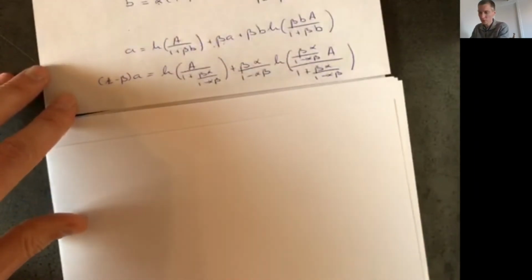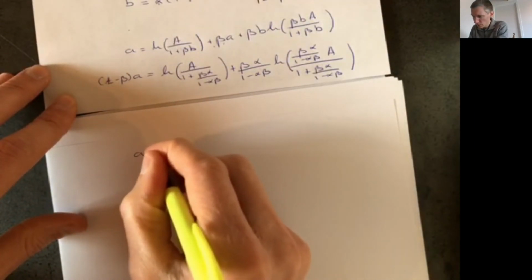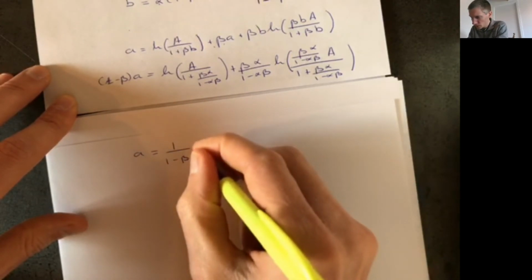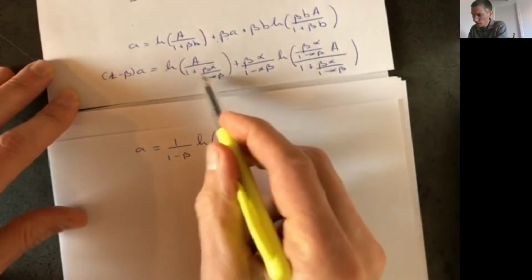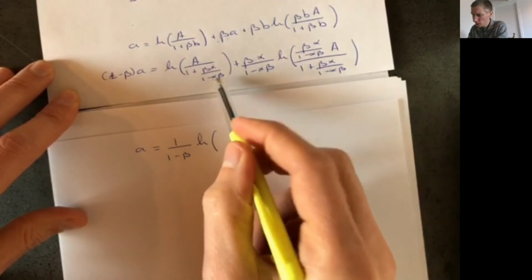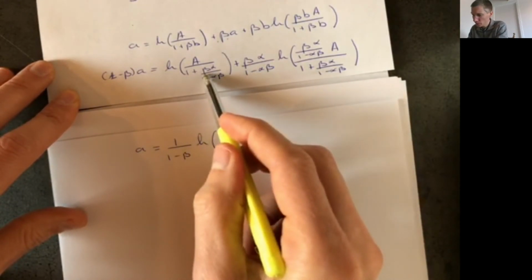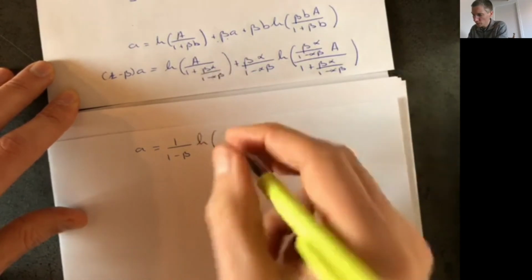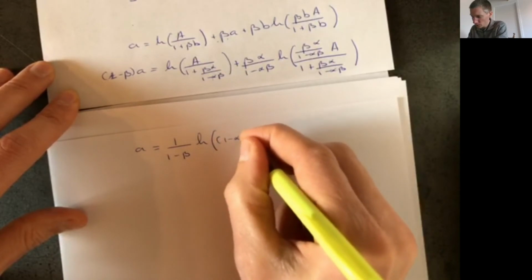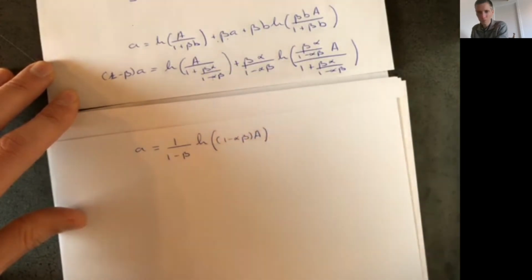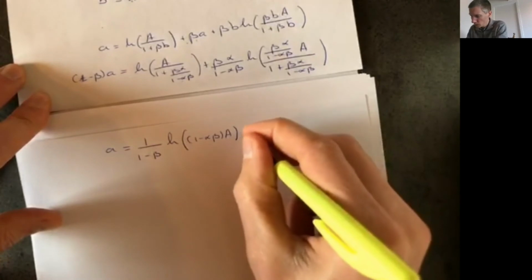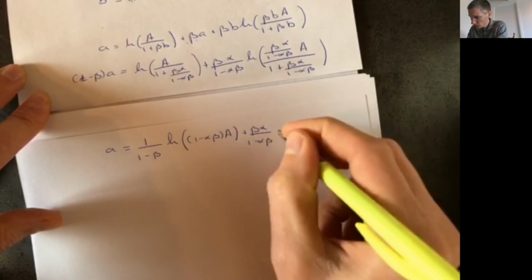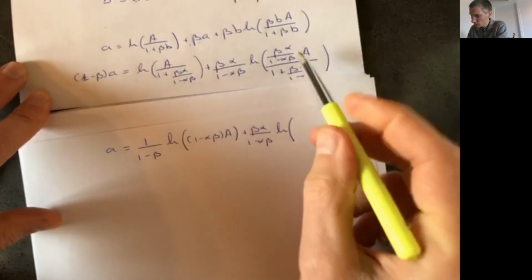You can simplify this a little bit, so a is equal to 1 over 1 minus beta of ln. Here in the denominator I have 1 minus alpha beta plus alpha beta, which is just 1 over 1 minus alpha beta, so I have 1 minus alpha beta times a, and then I have beta alpha over 1 minus alpha beta ln.